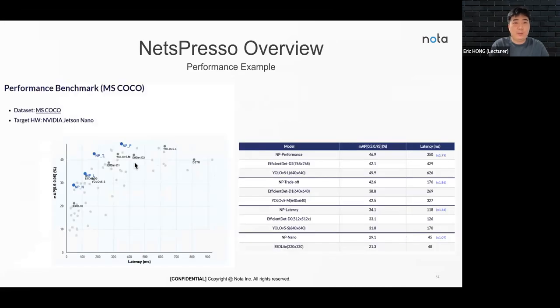And this is a result table, NP performance here. The priority is in performance, but priority is in the latency case like this. If they have lower latency, which is lower the better, they have lower mAP, the higher the better.